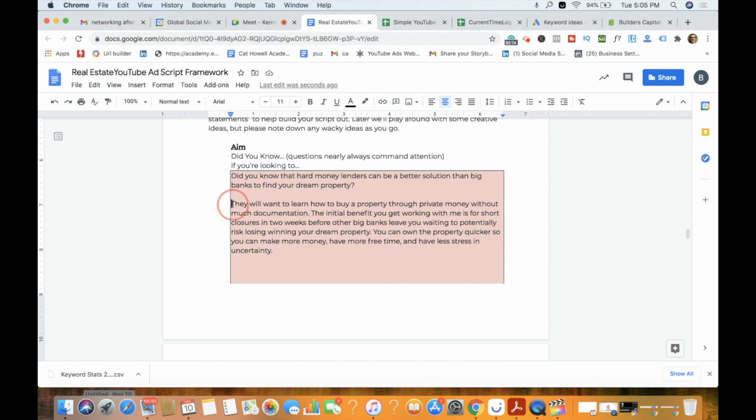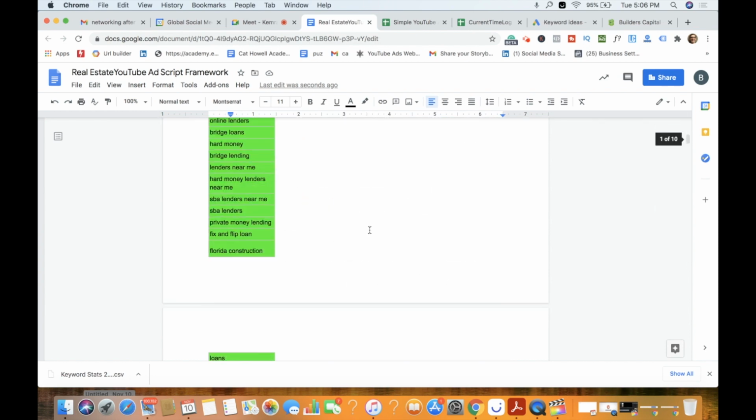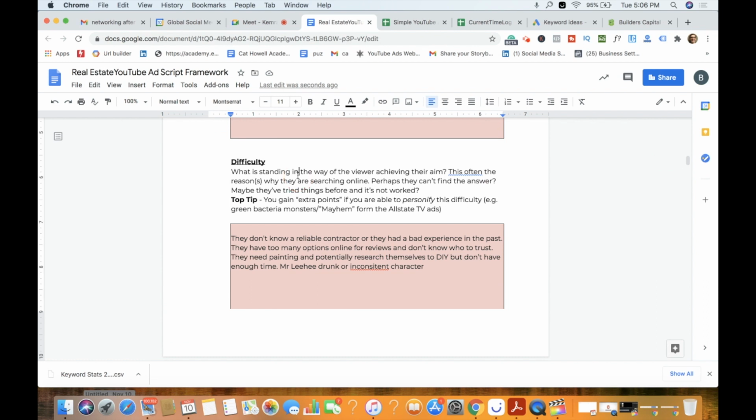And then I would maybe start with something like, if you're looking to learn how to buy a property through private money without documentation, the initial benefit you get working with me is for short closures in 2 weeks before other big banks leave you waiting to potentially risk winning your dream property. So that's the first 5 to 30 seconds of that script.